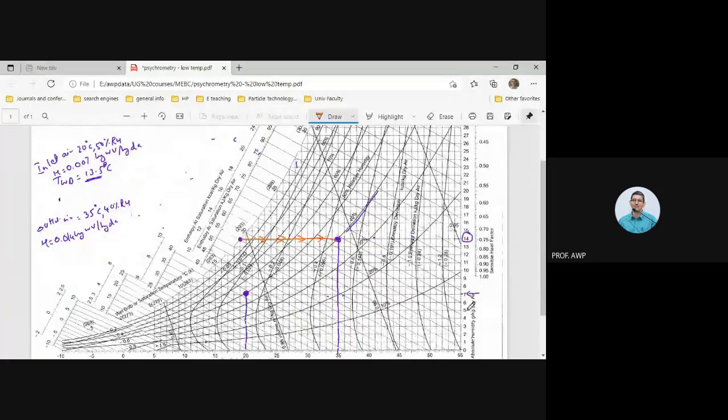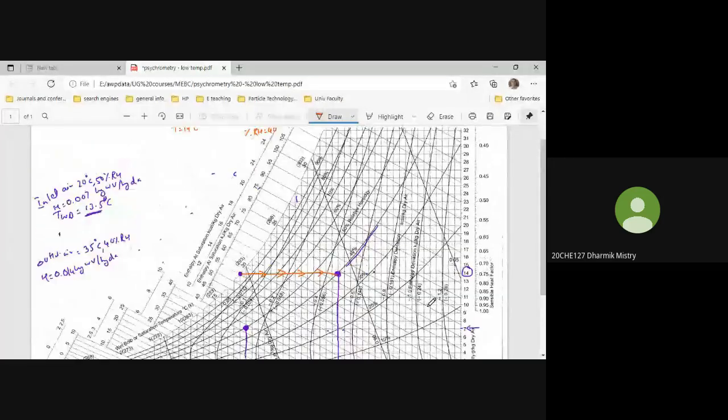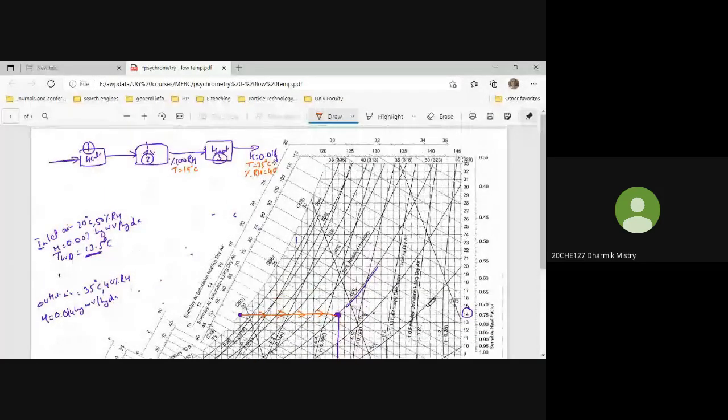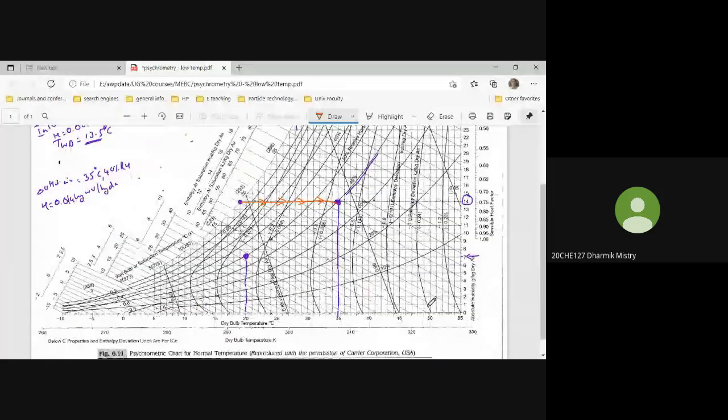Now, as we spray water, the temperature falls along the wet bulb temperature. If we go the reverse way, downside, and correspondingly along the humidity, where both of these intersect we will get our initial point.